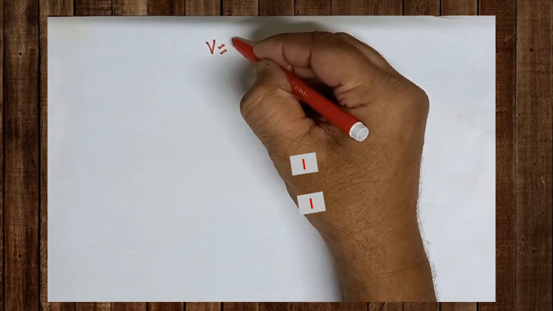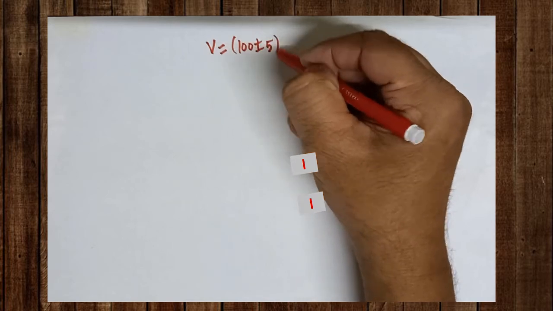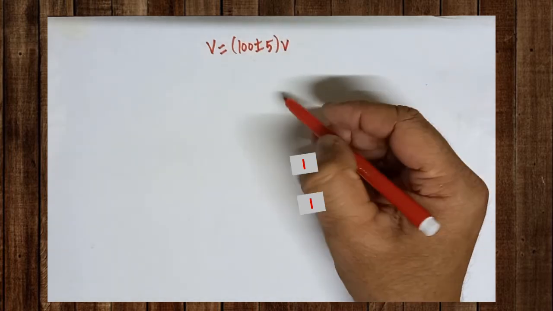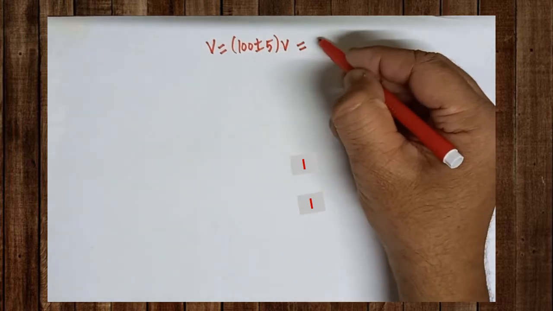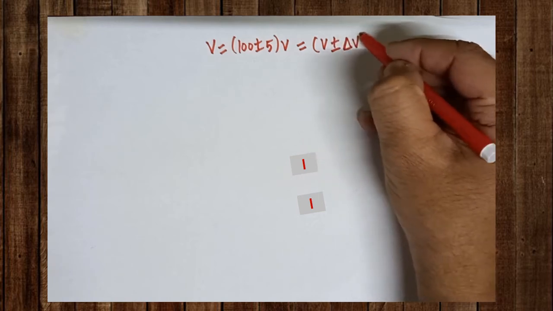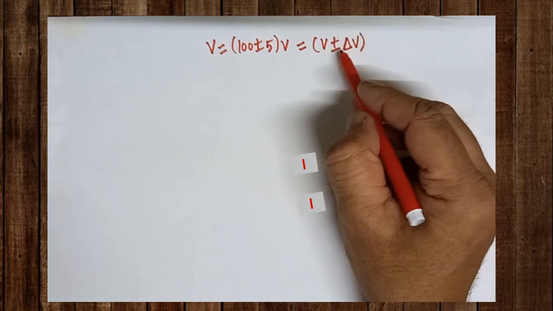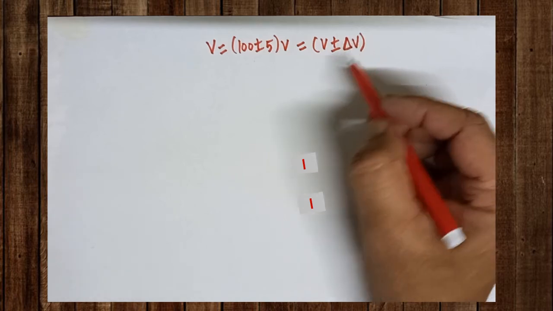V is equal to 100 plus or minus 5 volt. This is the measured value of the voltage, which means V plus or minus del V.